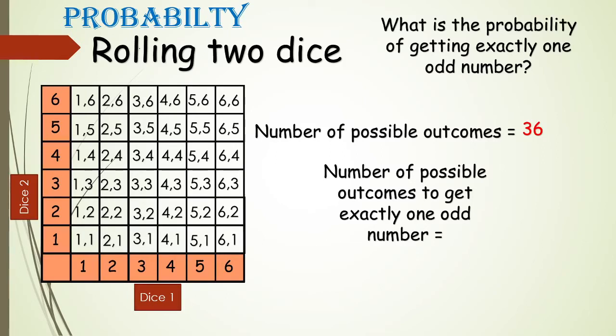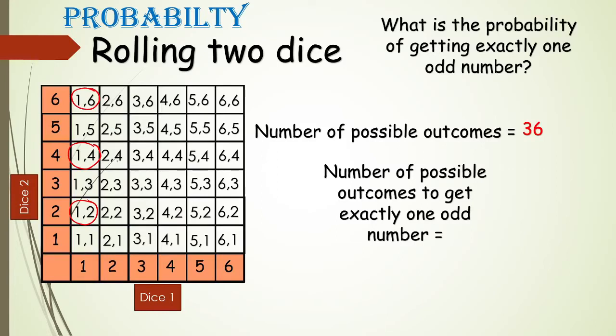Let's start with the first column. Exactly 1 odd number. Where? There should be only one. 1, 2. Okay, what else? 1, 4. What else? 1, 6. Second column.